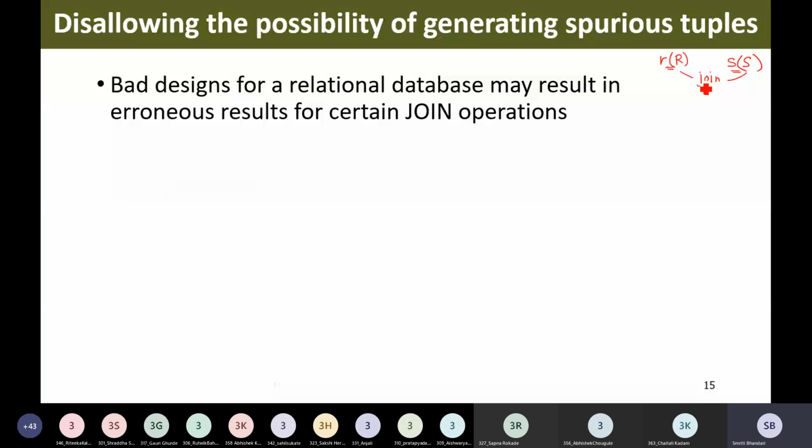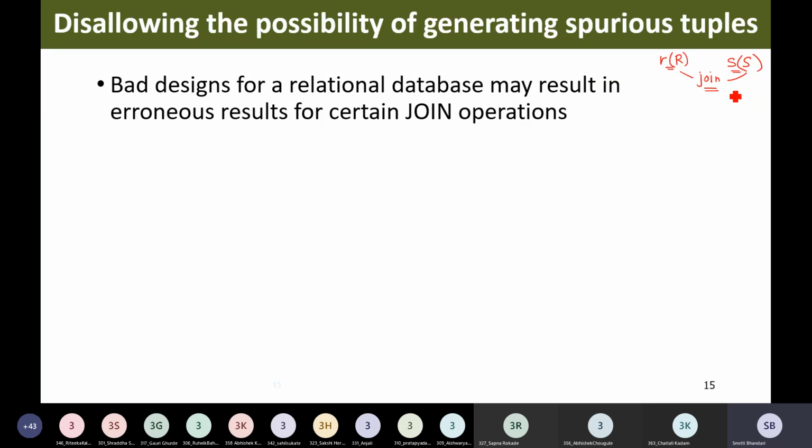And many times we need to join the relations so that we can extract whatever information is required. So join operations are very popular whenever we are extracting the information from the database.